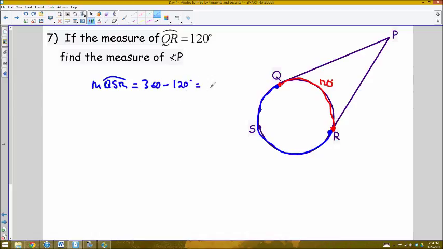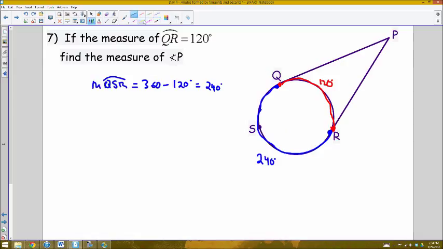When I do that, I find that it's actually 240 degrees. So now I know the measure of that missing arc. This situation actually turns up quite often when you have two tangents, because tangents only touch the circle at one point. When I have two tangents, they'll divide the circle into two arcs.